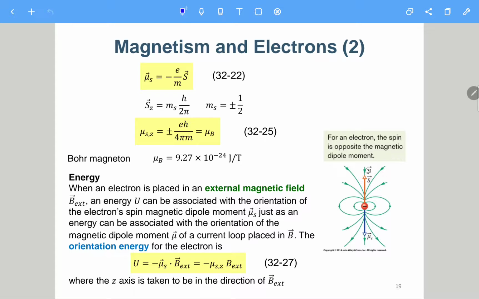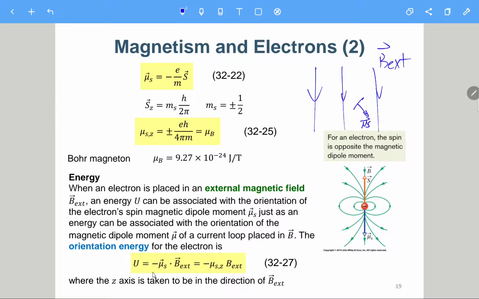If we have a dipole moment and we place this mu s inside the external B field, then there will be some potential energy stored in this system, and you also have the torque.